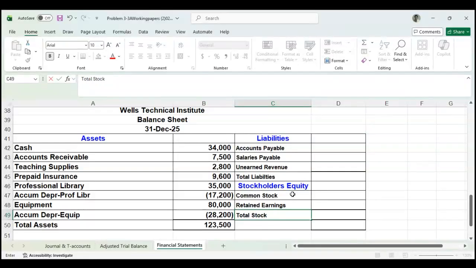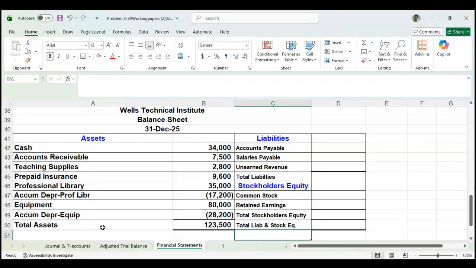You may have to abbreviate some of this stuff, which is fine. Actually, this might work. And then we're going to have our total liabilities and stockholders' equity. Right? So you may have to abbreviate this, which is fine. So remember, these have to balance.